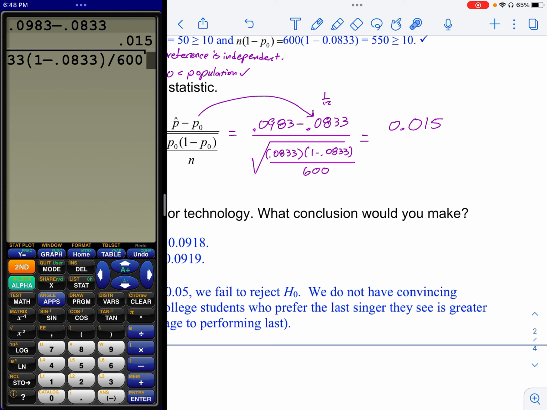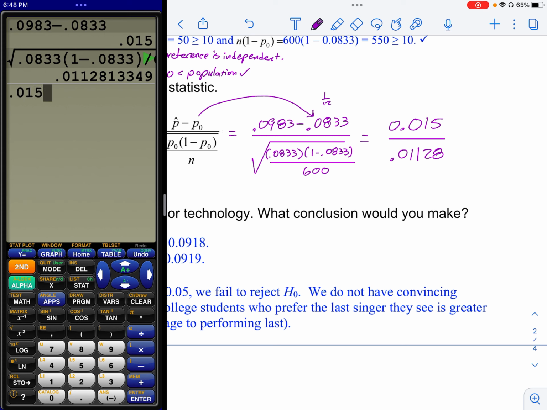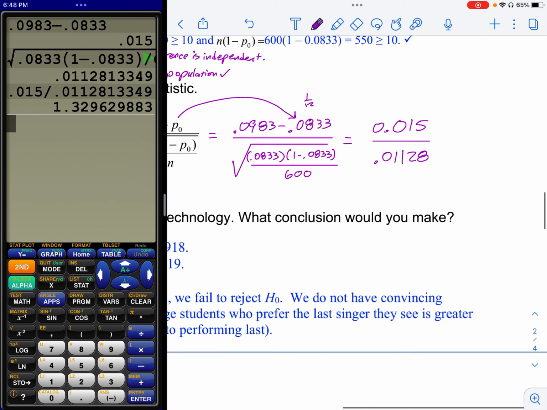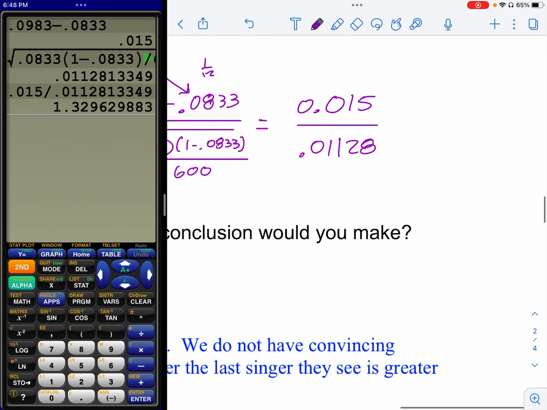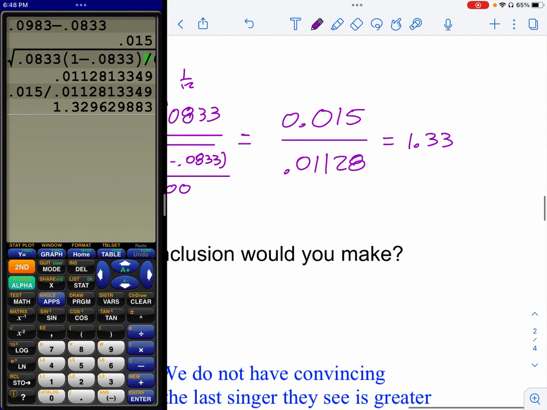Like that. And so I've got 0.01128 and so forth. Then I'm going to type in 0.015 divided by, grab that answer, shebang. So I'm getting 1.33. Okay, this is my z-score.